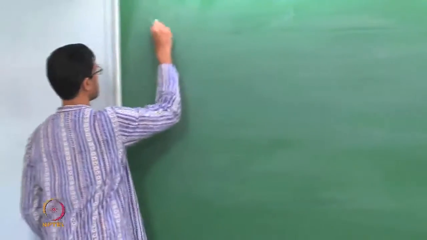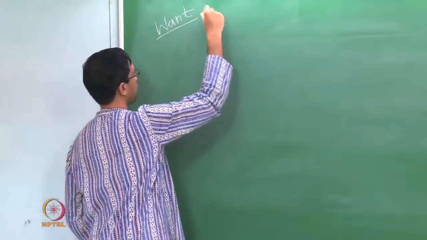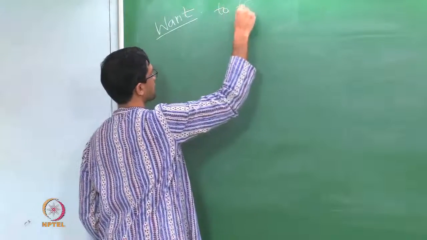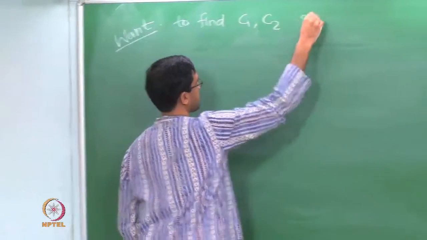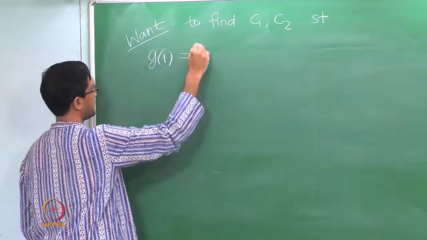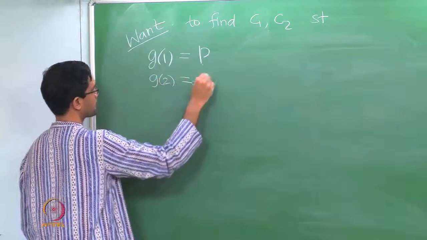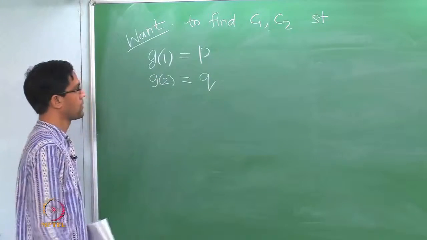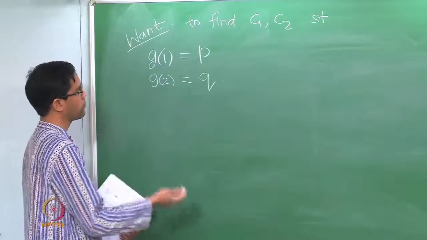So now the problem really reduces to the following. We want to find constants C1 and C2 such that G of 1 exactly gives you the required initial condition P and G of 2 gives you the required initial condition Q. If we can do this, then f and g would automatically be equal.